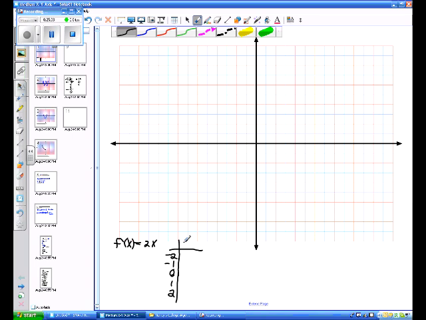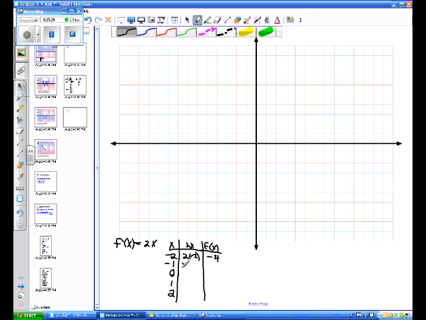Now what we're going to do with these is plug them into our function. We picked our x's, and we're going to find out what our f of x is, which is the same as our y. So we're going to plug it into our function, which is 2x. If we do this here, we have 2 times negative 2, which is negative 4.